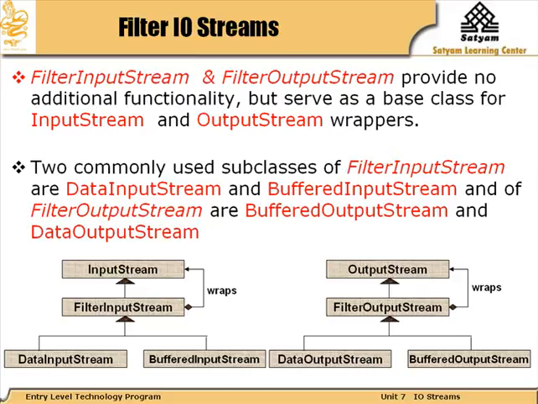If you have noted in the earlier examples, we have wrapped the FileInputStream in a BufferedInputStream. And FilterOutputStream is subclassed by DataOutputStream and BufferedOutputStream. DataOutputStream and BufferedOutputStream also act as wrappers to other output stream objects. You will soon see an example on how to use these classes.